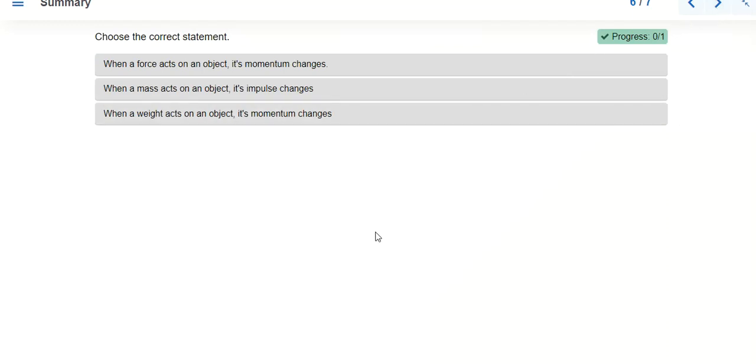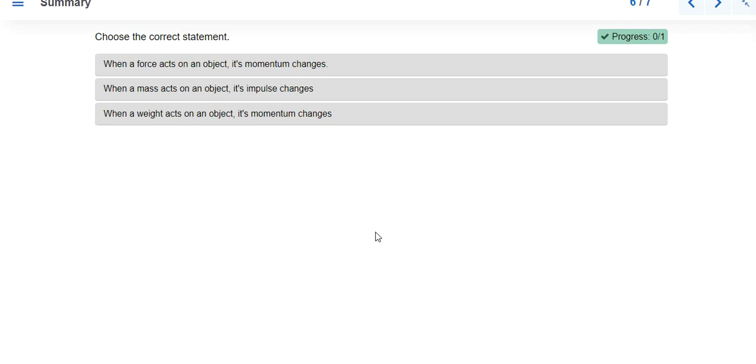So with that, we'll have to do the summary for today's class. We have to choose the correct statement. When a force acts on an object, its momentum changes. Is that correct? Yes. Why? Because force causes an object to act, and it changes the velocity and speed of an object.